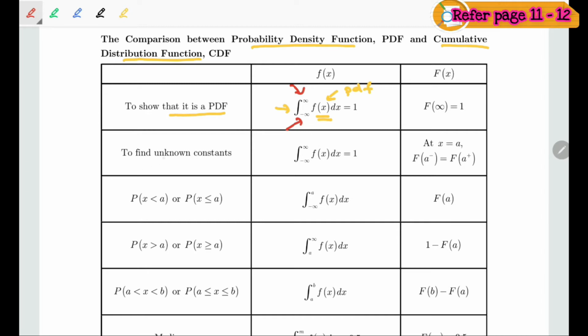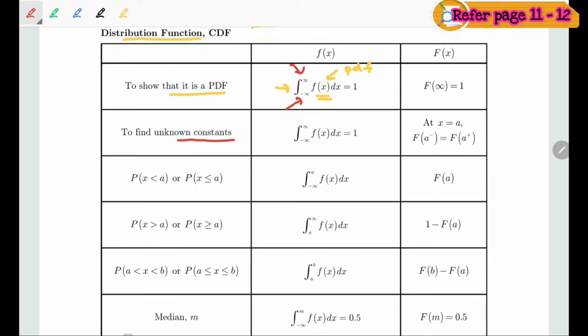And then next, to find the unknown constant. To find the unknown constant for the PDF, you have to integrate from the lowest to the uppermost limit and equate to 1. But for the CDF, when the question asks to find a constant, you don't have to integrate because you are already given the integrated function.